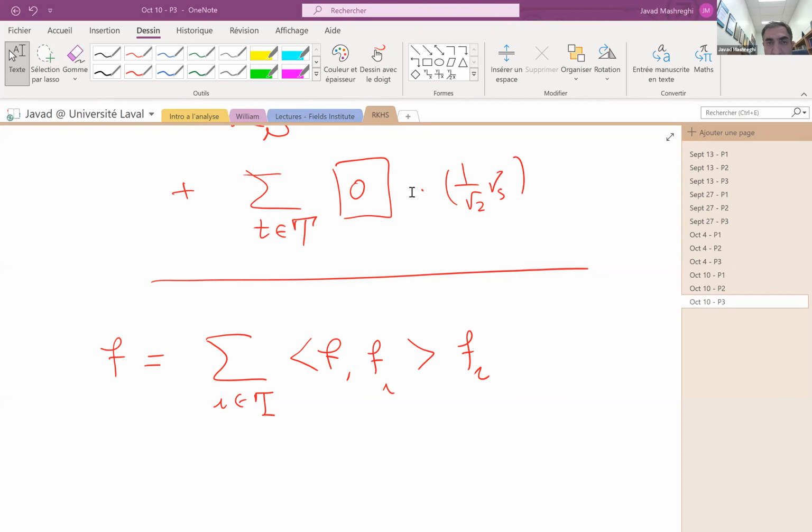Let me see. I think that the sets S and T need to be disjoint for this to work. Well, yeah, kind of. You're right. I think the way out will be to use an index set.